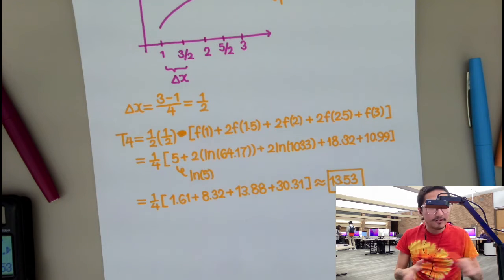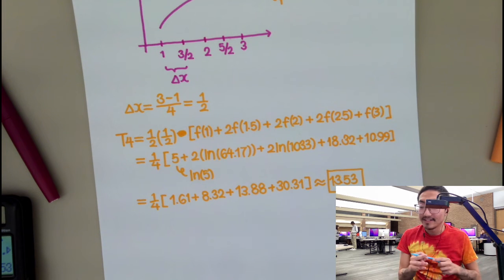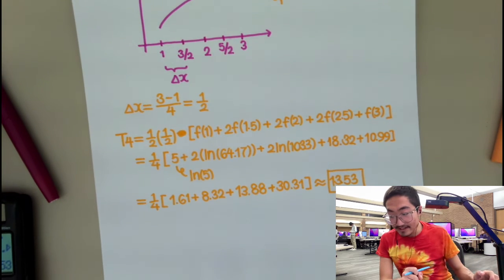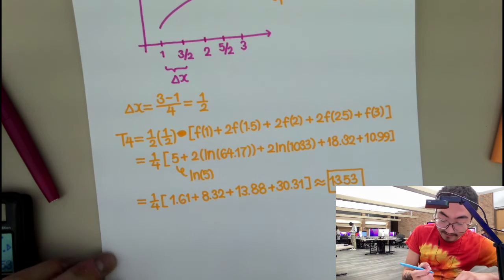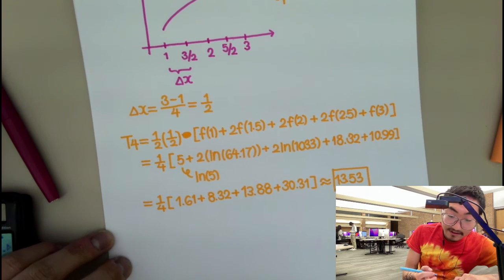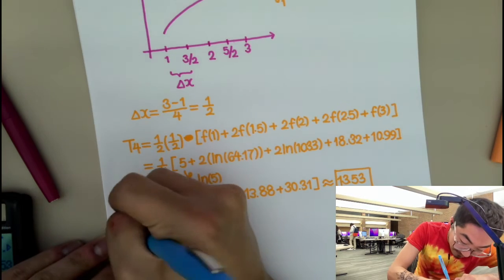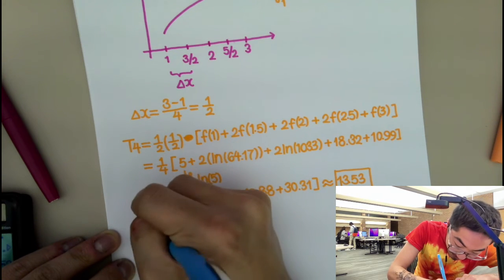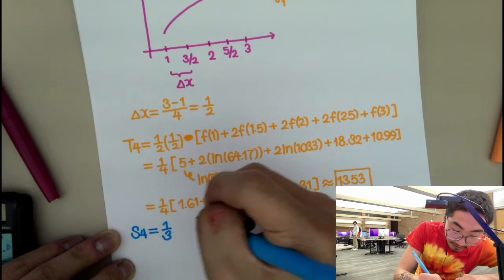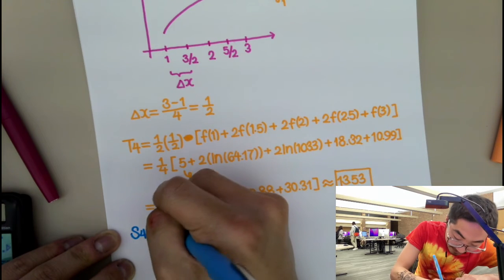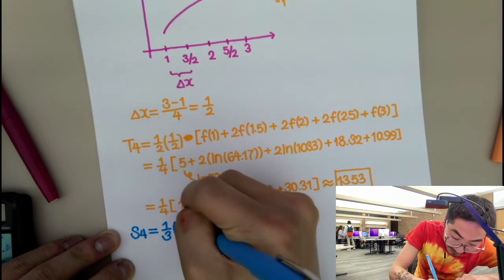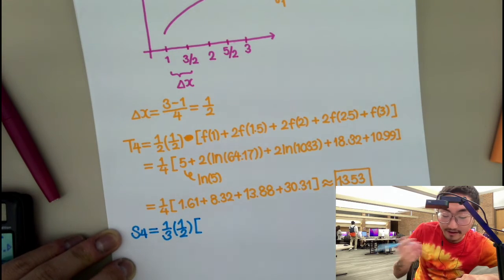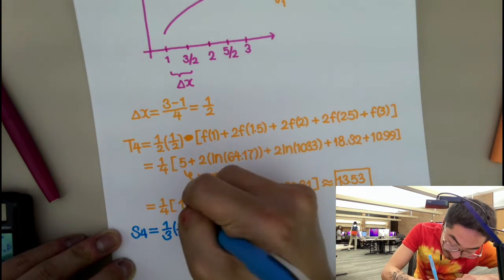Okay, and now we try Simpson's rule. It's going to be 1/3 of delta x. Here we have f(1), so it's just the natural log of 5.